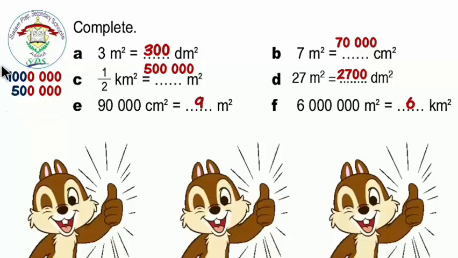Put a circle around 100 and put 50 instead of 100, and then write down the remaining zeros. There are 4 zeros. 500,000 square meters.